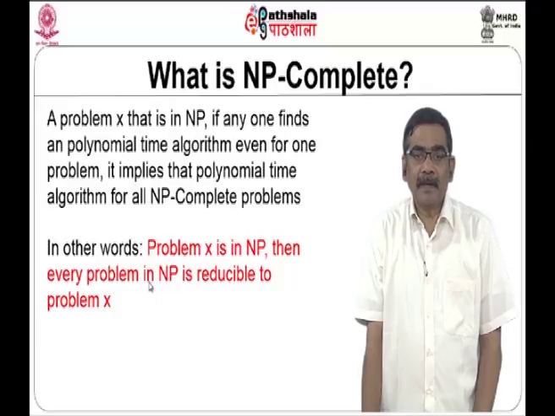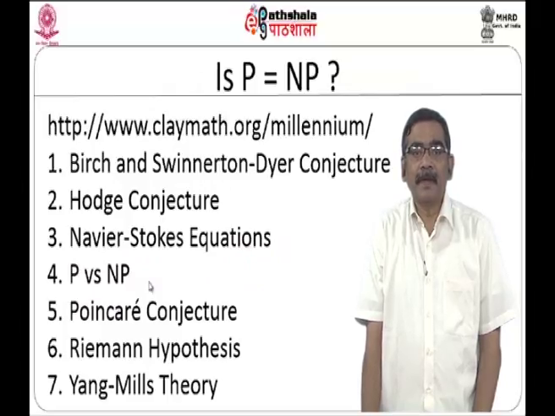Each problem can be reduced to another, and if a solution is obtained for one problem, then the entire set will vanish. These kinds of problems are called NP-complete problems.